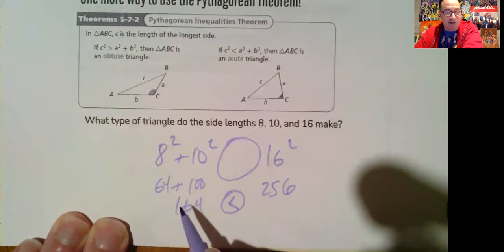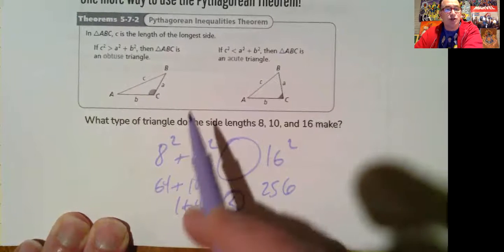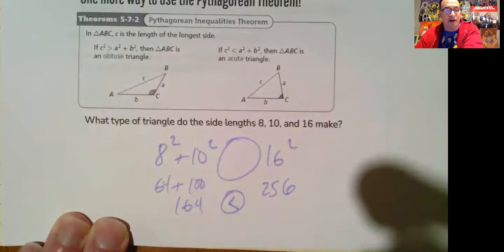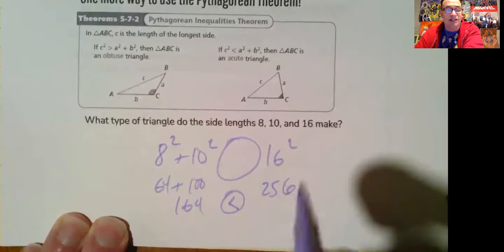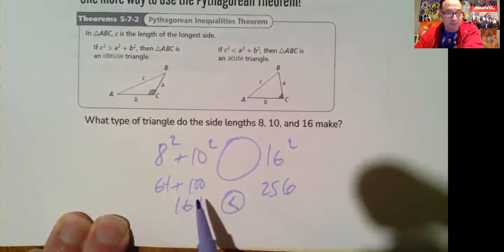Does that make sense? The C side is larger than the sum of the squares of the other two sides. So if the C side is bigger than that, what type of triangle am I looking at? It's going to have to be an obtuse triangle if this one side, the C side, is larger when I square it than the sum of the other two.